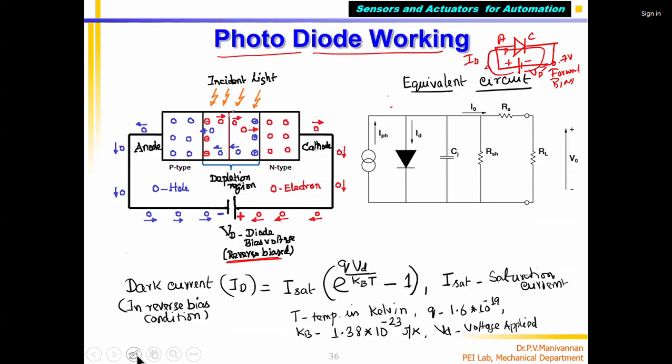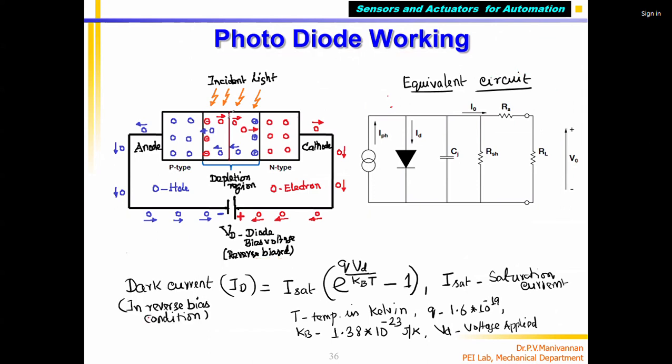In the case of a photodiode, I connect the battery in the opposite direction. The cathode is connected to the positive terminal and the anode to the negative terminal, so the photodiode will not conduct. But if I allow light to fall on the junction area, the light creates electrons and holes in the base region.